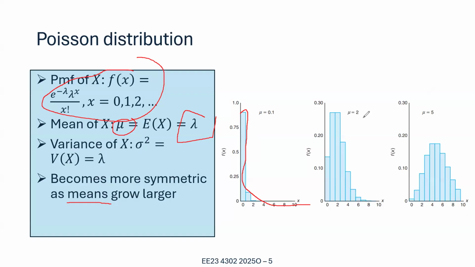But if mu is a little larger, then this is distributed more evenly across the small values of x. If mu is getting even larger, then it is distributed even more evenly with respect to x.